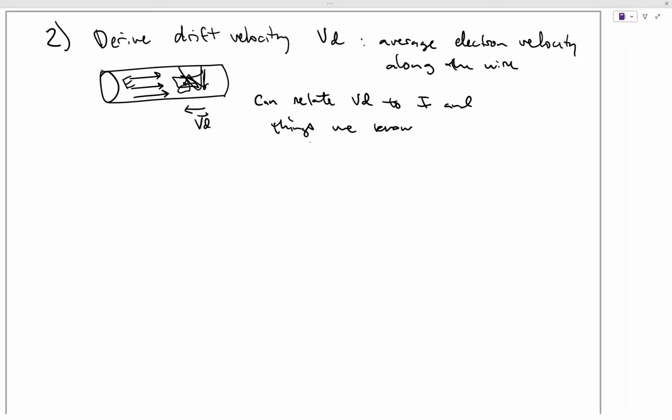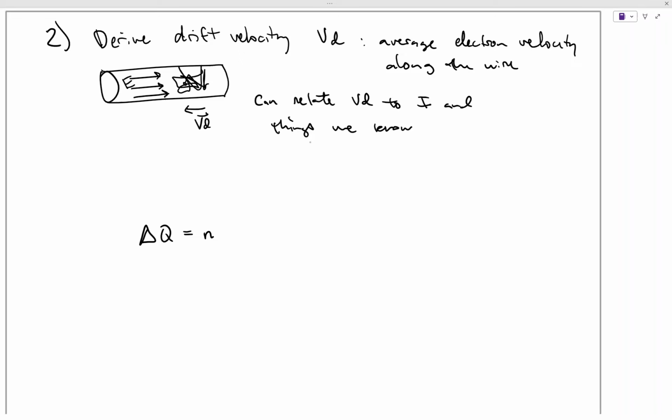We'll actually need a little bit of chemistry knowledge. Fundamentally, we know that current is charge, so let's think about this in terms of charge. The starting point is to imagine the change in charge, and it's going to depend on some ingredients.